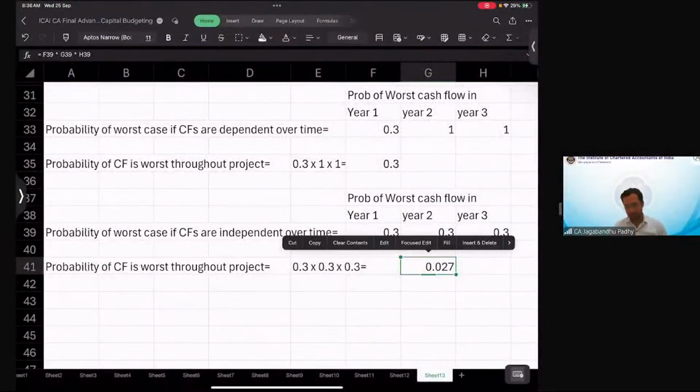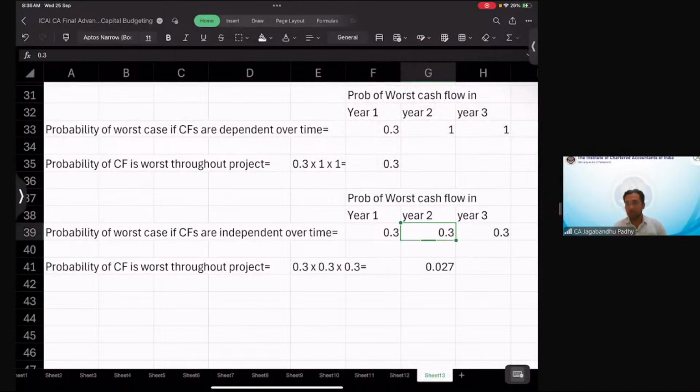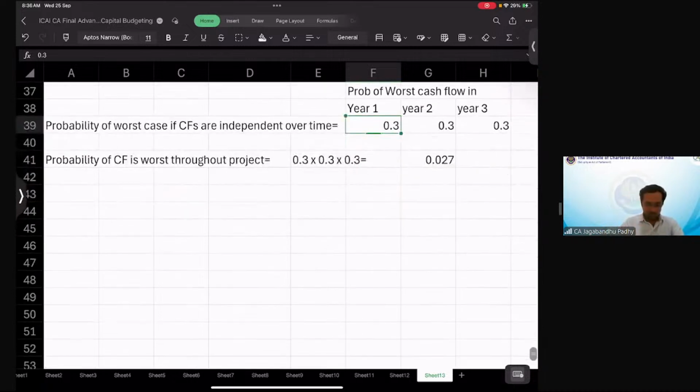Couldn't understand. In case of independent cash flow, what is the probability? How will you take 0.5, 0.8? Independent cash flows. If the cash flows are independent, first year you have a chance.